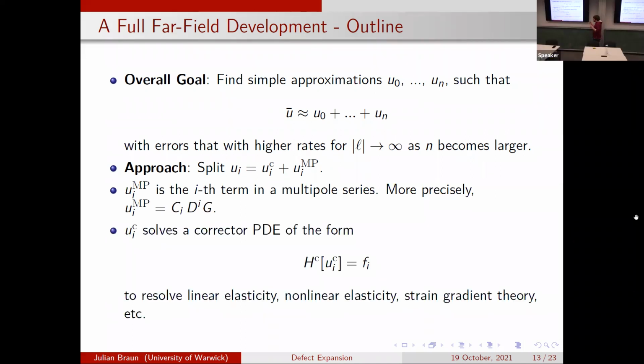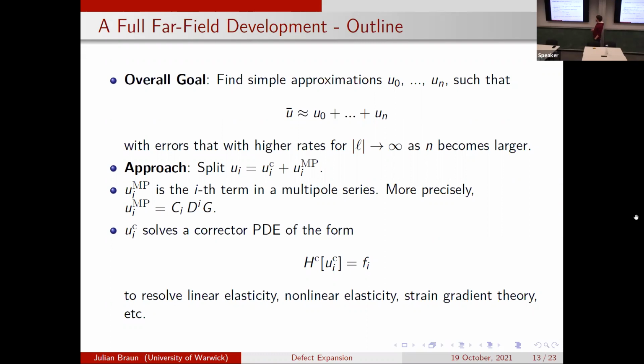And the continuum terms will solve corrected PDEs. And they resolve a lot of interesting stuff. They start with linear elasticity, then they resolve nonlinear elasticity. And if you go higher, they will also resolve strain gradient theory, which is the highest order approximation of the AC error, the atomistic-continuum error, and even higher derivative theories. And they all come in naturally.